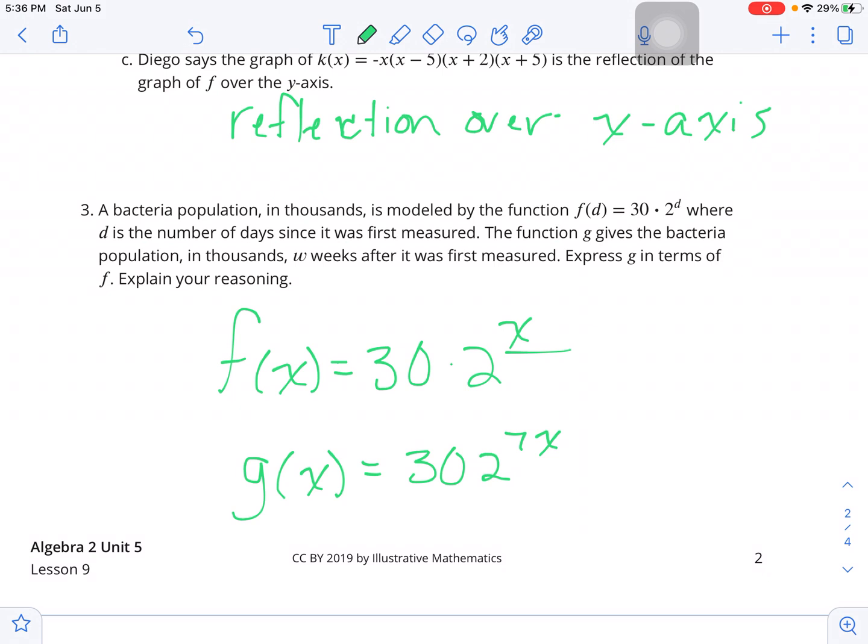I think that's the easiest way to think about that. So g of x is equal to f of 7x. Then we would get a week.